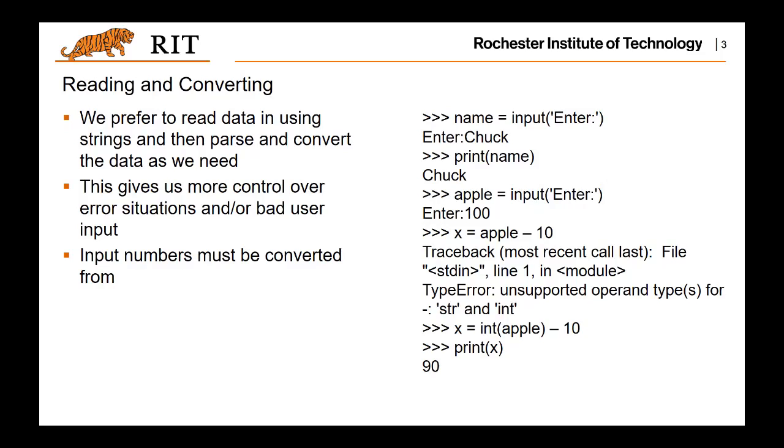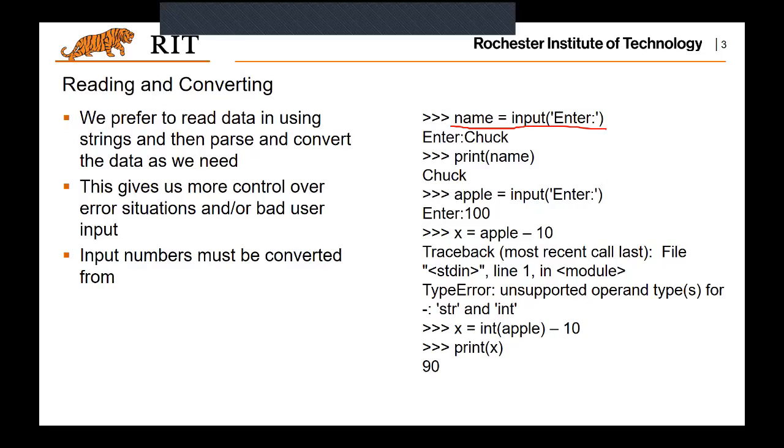For example, if we look at this line of code, it's asking the user to input something. For example, you input a name, Chuck, and of course you can directly print it out. That's the text, nothing special, right? And then, if you ask the user to input another string, for example, you put 100 here.